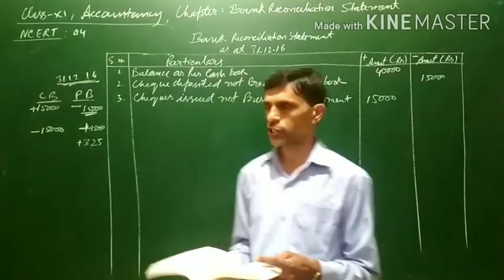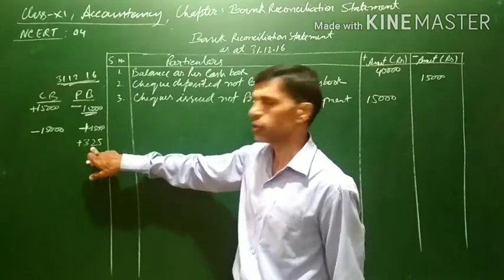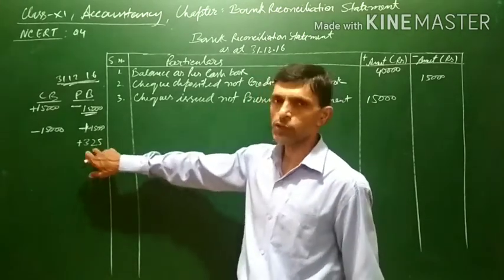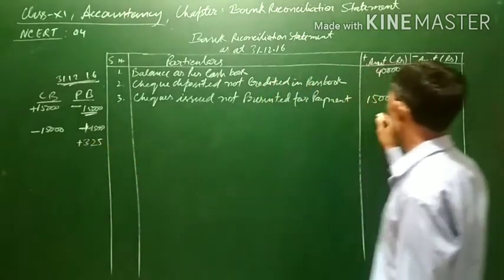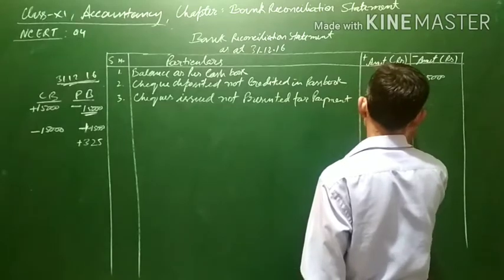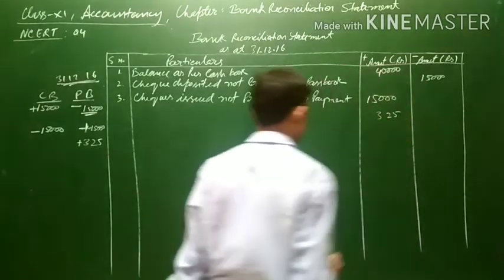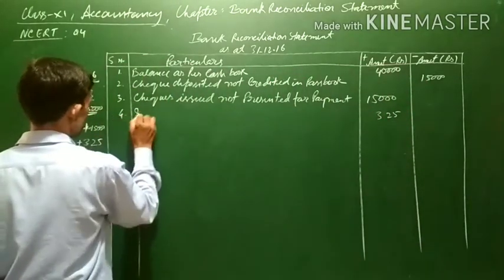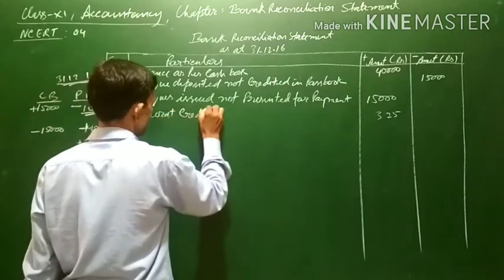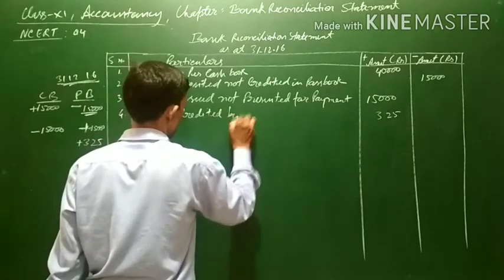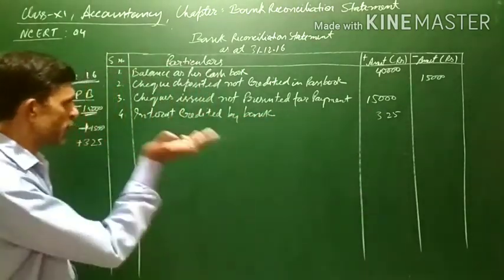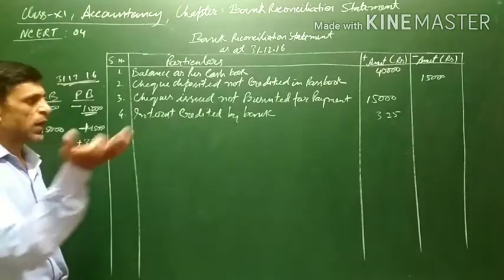First, for the interest, since there was a credit of 325 in the passbook, there was an addition, so we will write it in the plus column: interest credited by bank. There will be a plus balance, a higher balance of 325 in the passbook.